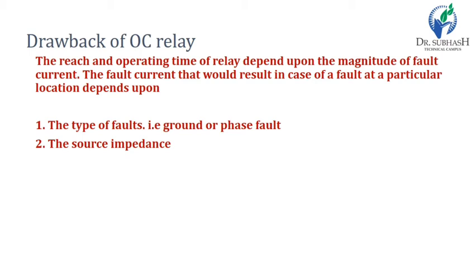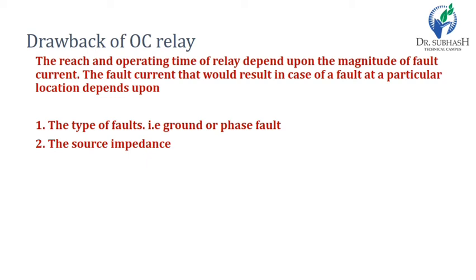But the first question we would like to ask is: what are the drawbacks of the overcurrent relay which lead to introducing a directional overcurrent relay? The reach and operating time, both these terms are necessary to understand the drawback of the overcurrent relay.